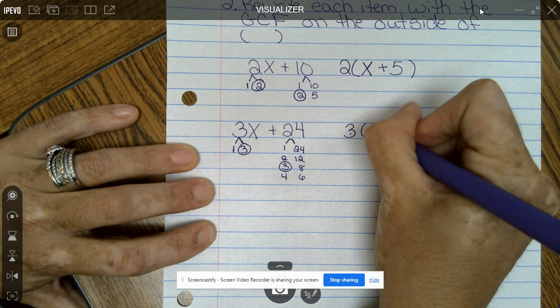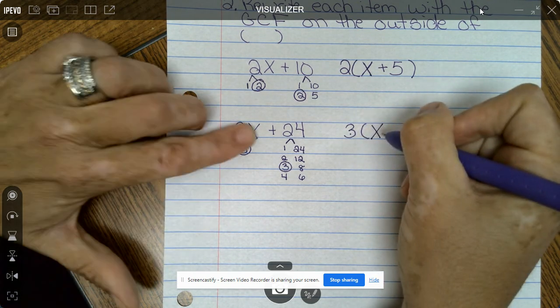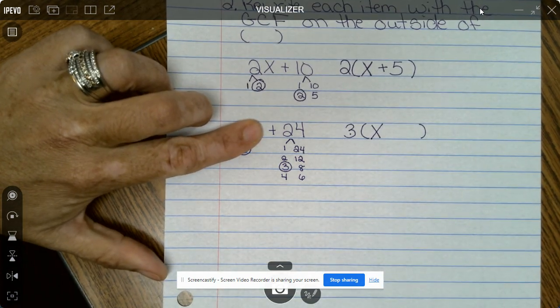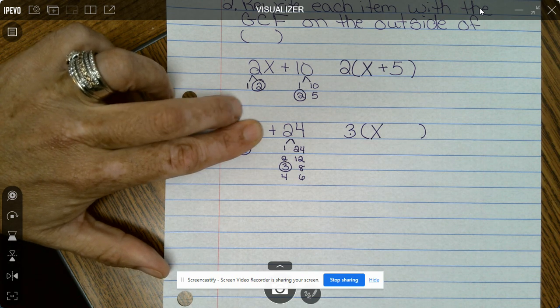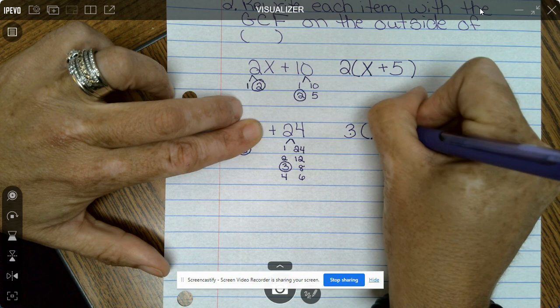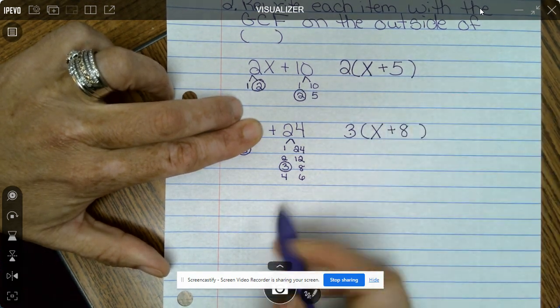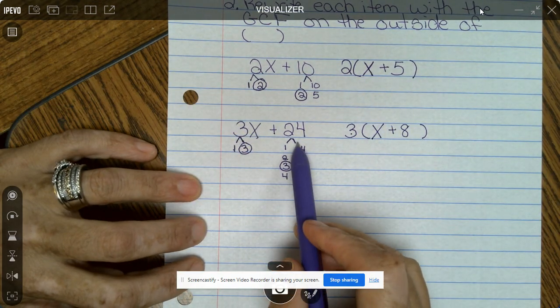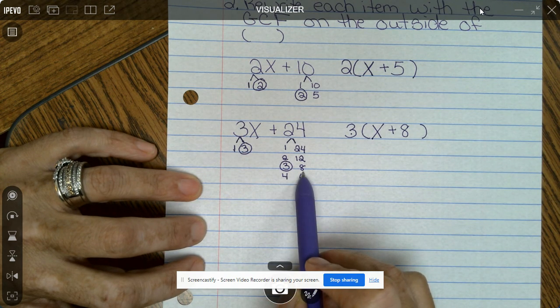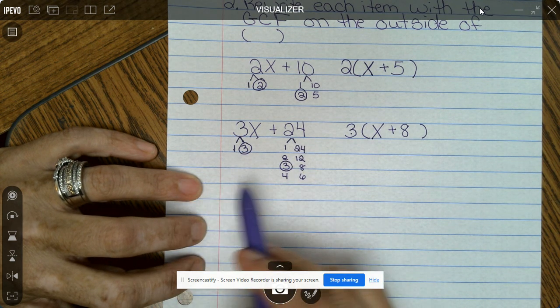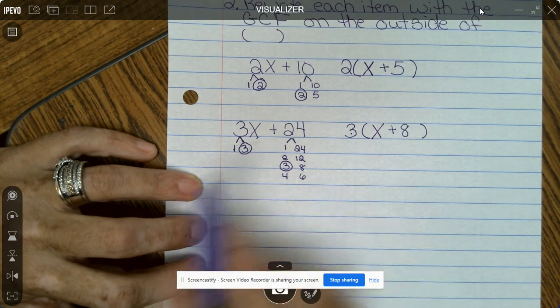Just x, because 3 can go into 3 one time. Then you have a positive 24. Positive 24 divided by 3 is what? 8. Plus 8. Now here's a hint: if you create a tree and look at 3, then you know 3 times 8 gives you 24. So this is a quick cheat sheet on how to do it.